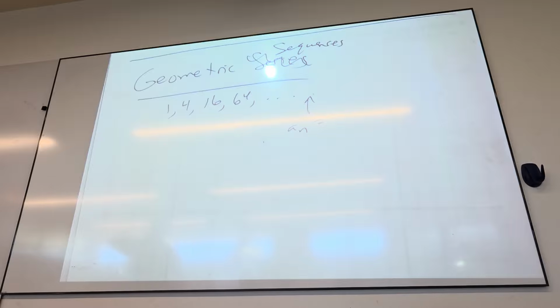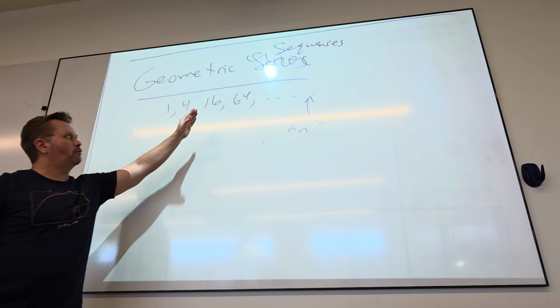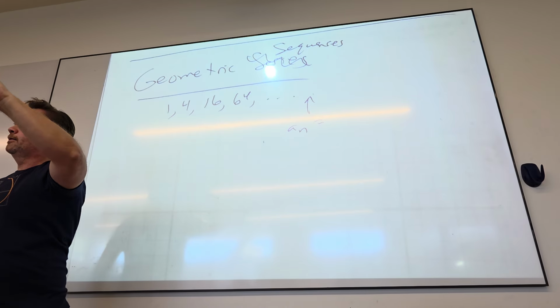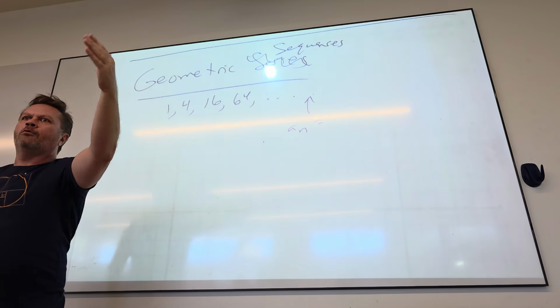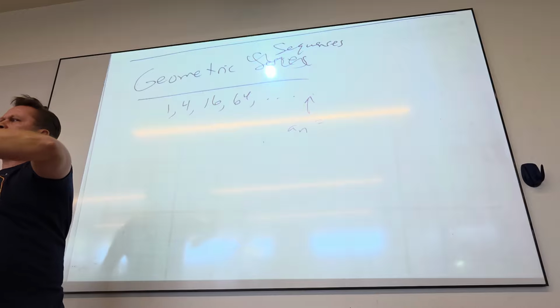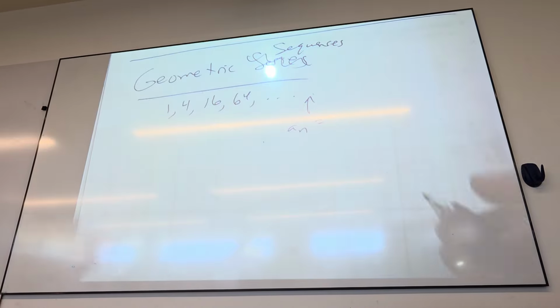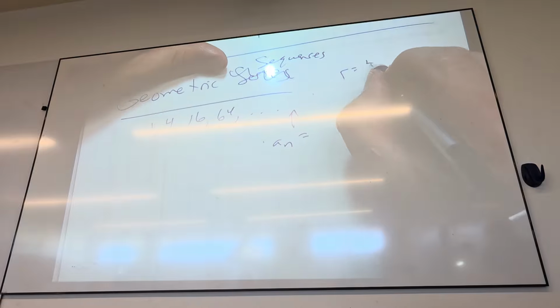We normally call it the ratio. 4. We give it the letter R because if I take one term divided by the one before it, it's always the same number. So it's the ratio of one term of the sequence divided by the term before it. So in this case, R is 4.